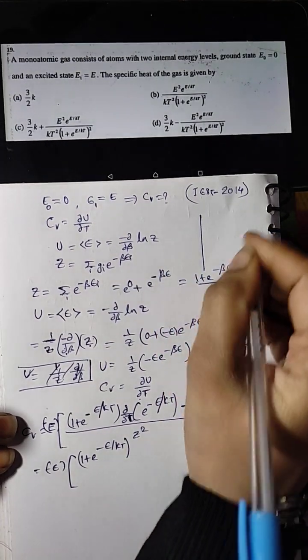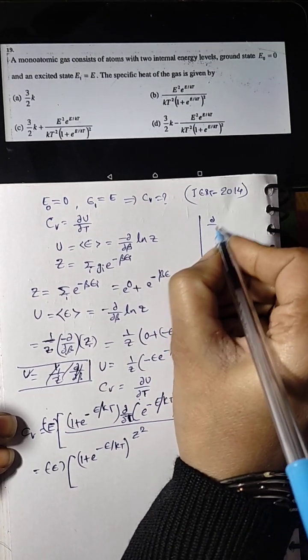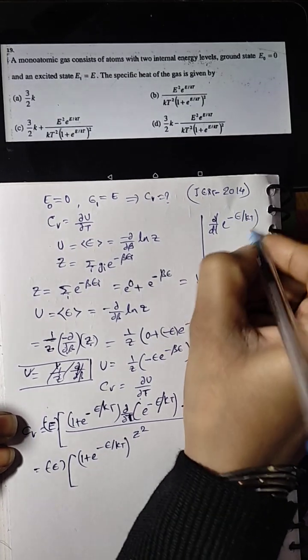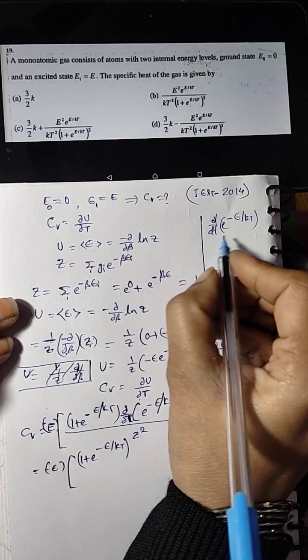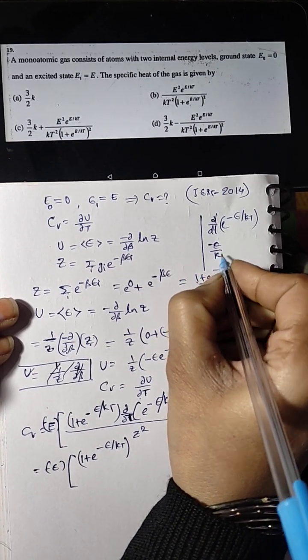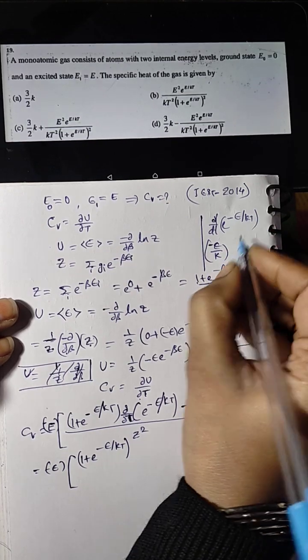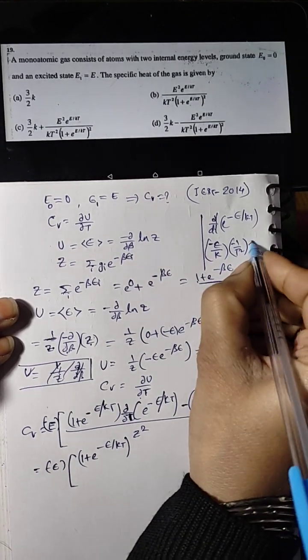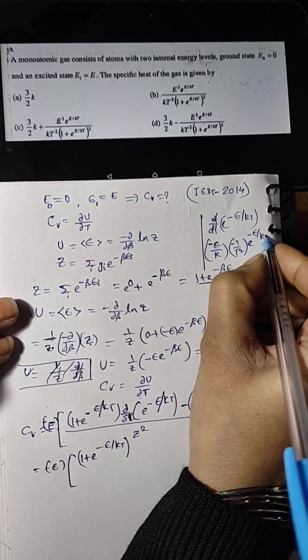Okay, so let us do here d by dT of e power minus E by kT. So we will get minus E by k coefficient, and differentiating 1 by T is minus 1 by T square, so minus into minus is plus, E by kT square e power minus E by kT.